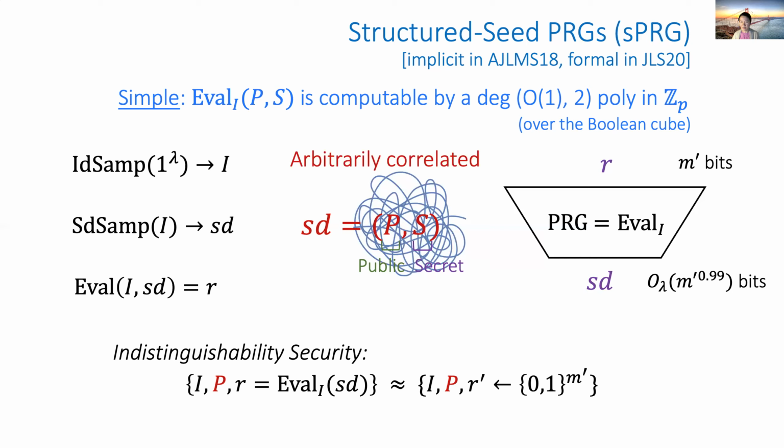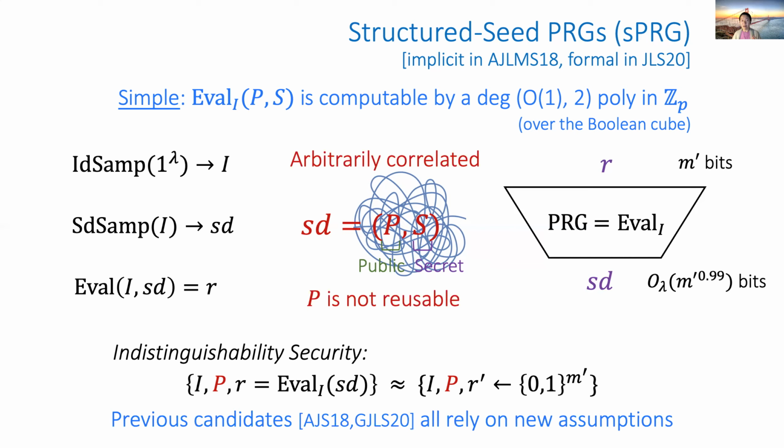In particular, this means that though the public seed is public, it is actually not reusable, because given P itself, I don't know how to conditionally sample a corresponding secret seed S. This is very much the magic of the structured seed PRG.